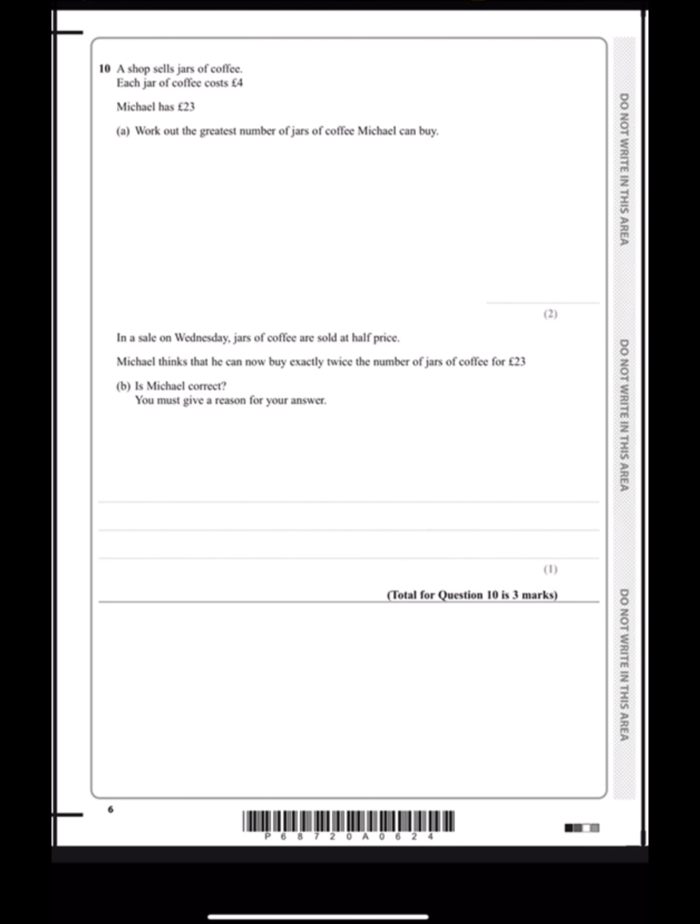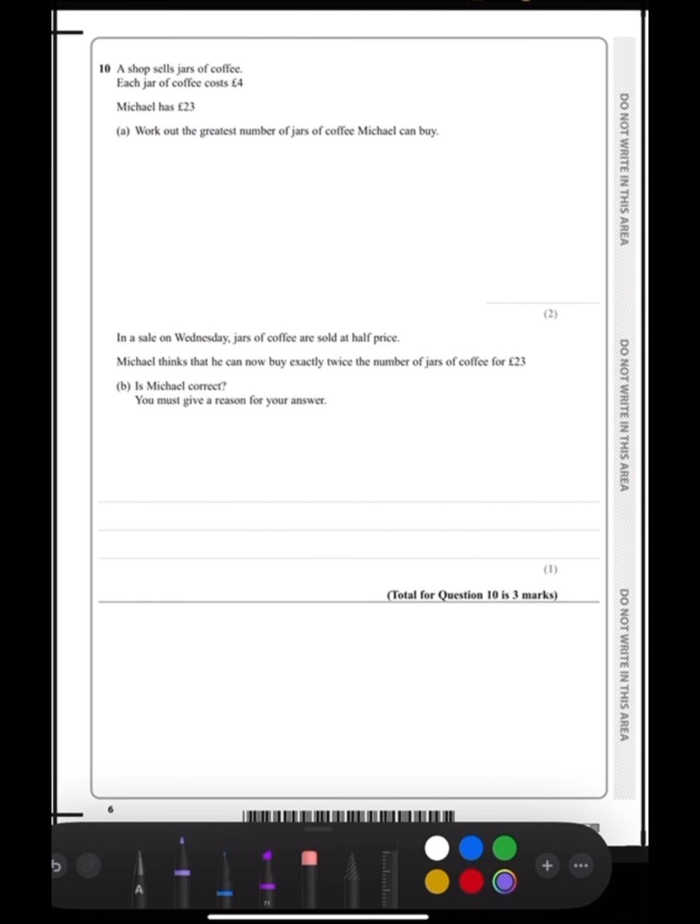So for this one, we can do a very simple method. It can be a little bit long, but this will be very, very helpful. And it will gain you full marks. So what you can do here is, suppose we multiply 4 into 1, we take this cost.